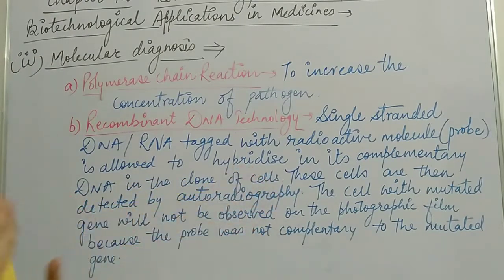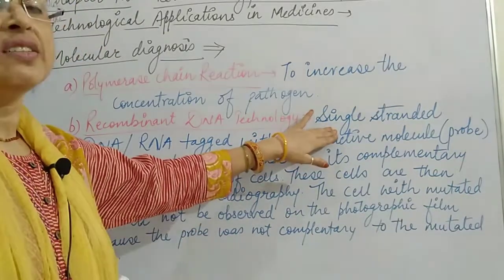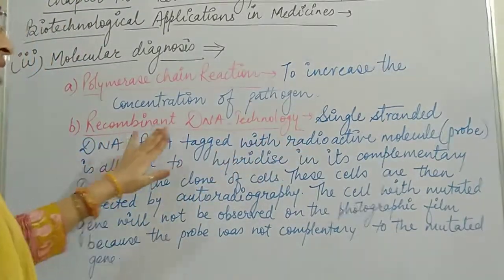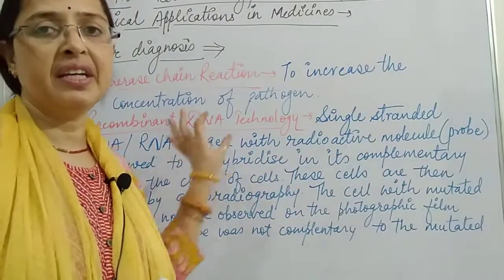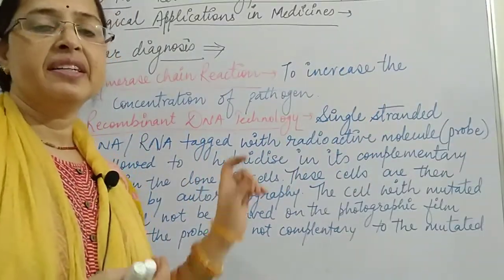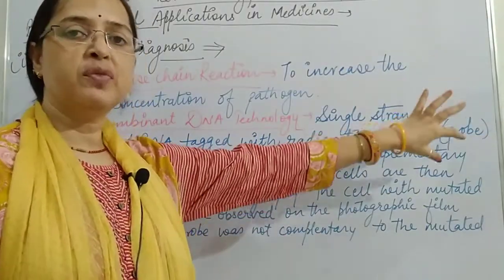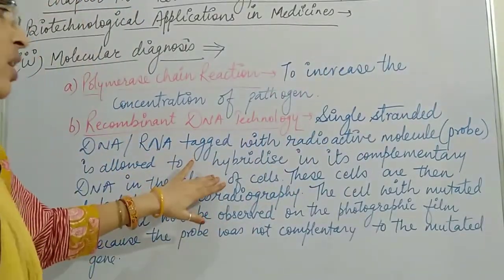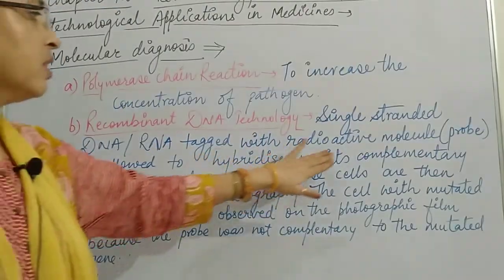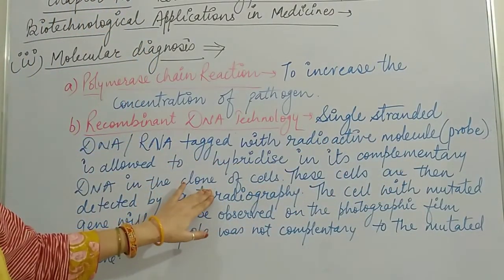That means the cells are amplified, and this single-stranded DNA or RNA tagged with a radioactive molecule is called a probe. First the probe is made, and then it is allowed to hybridize with the complementary DNA in the clone of cells.